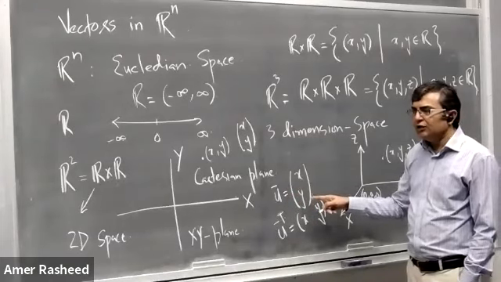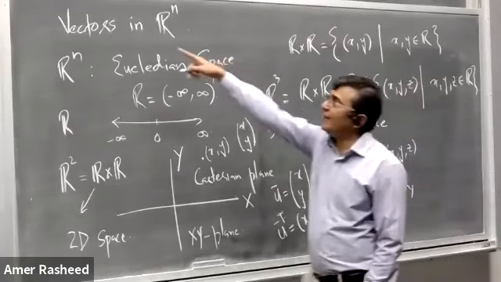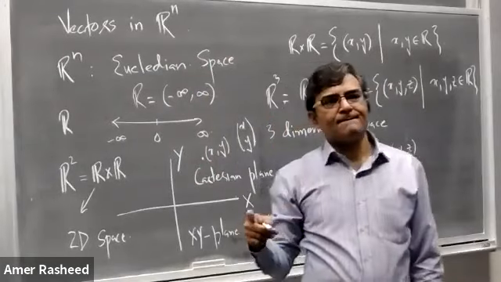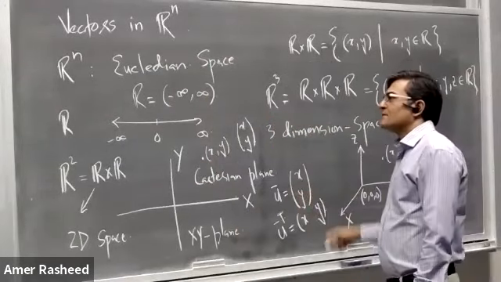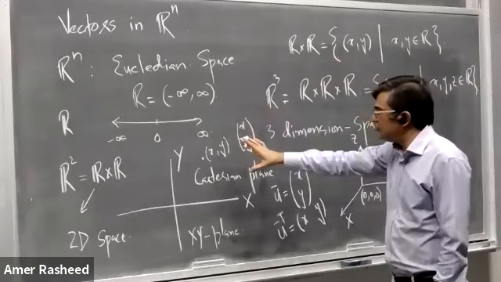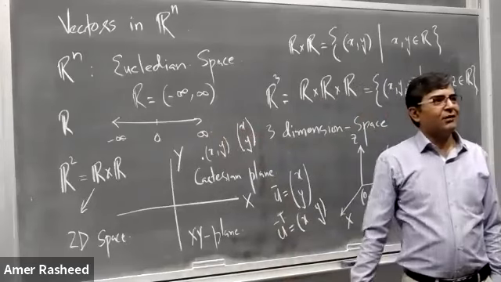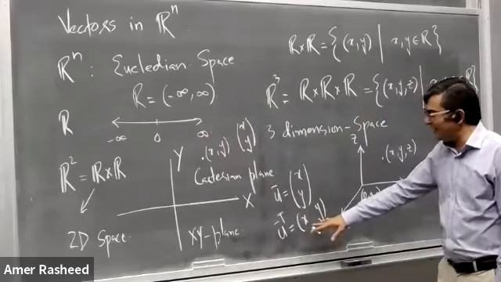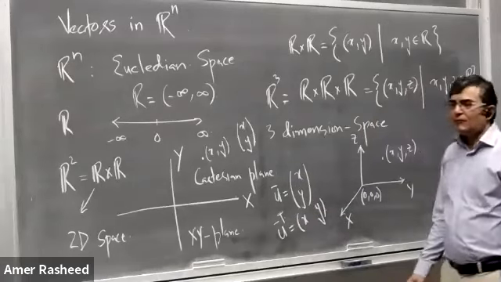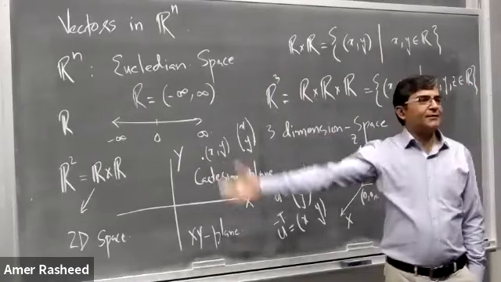This is how you deal with column vectors and row vectors in vector spaces, okay? In vectors, you cannot have a row vector, okay? If you want to write a row vector, then it should be a transpose of some column vector originally. This is how we use vectors in Euclidean space.